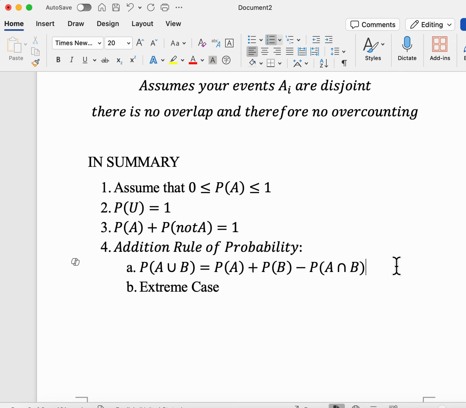This is called mutually inclusive events. Two mutually inclusive events.